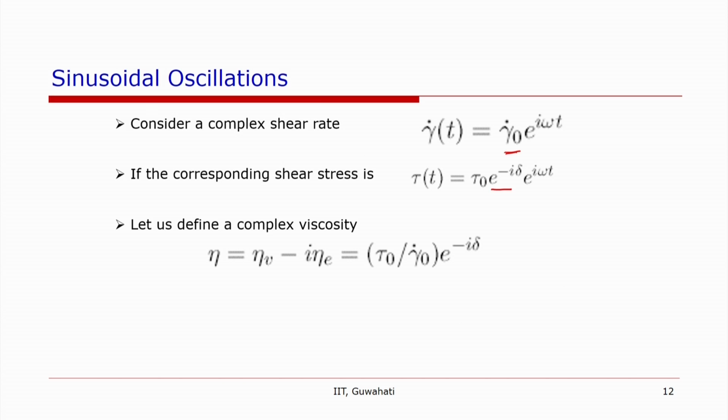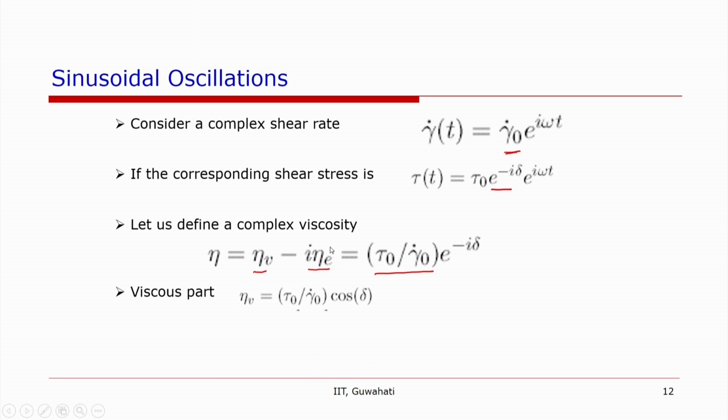So, if we divide this complex shear stress by the complex shear rate, we obtain a complex viscosity, and this viscosity will have two components. We can write this as tau naught over gamma dot naught into e to the power minus i delta, and if we write this in terms of the two components, real and imaginary, then the real component shows the viscous behavior and the imaginary component shows the elastic behavior.